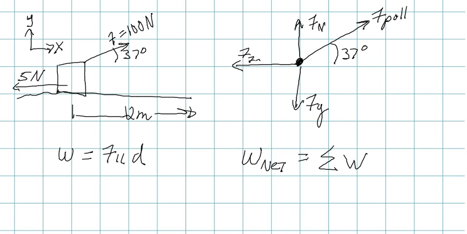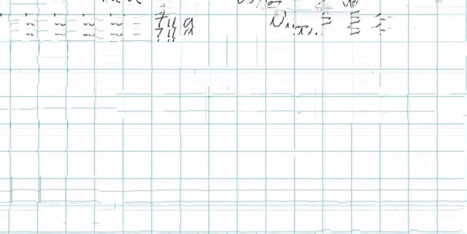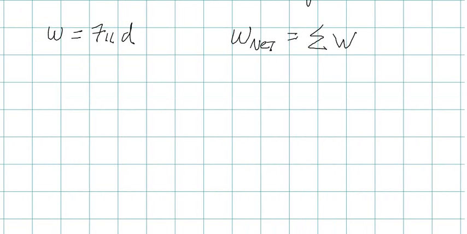Alright, so let's move up just a little bit. So what we have here, our work net, is going to be a sum of all of those individual works.